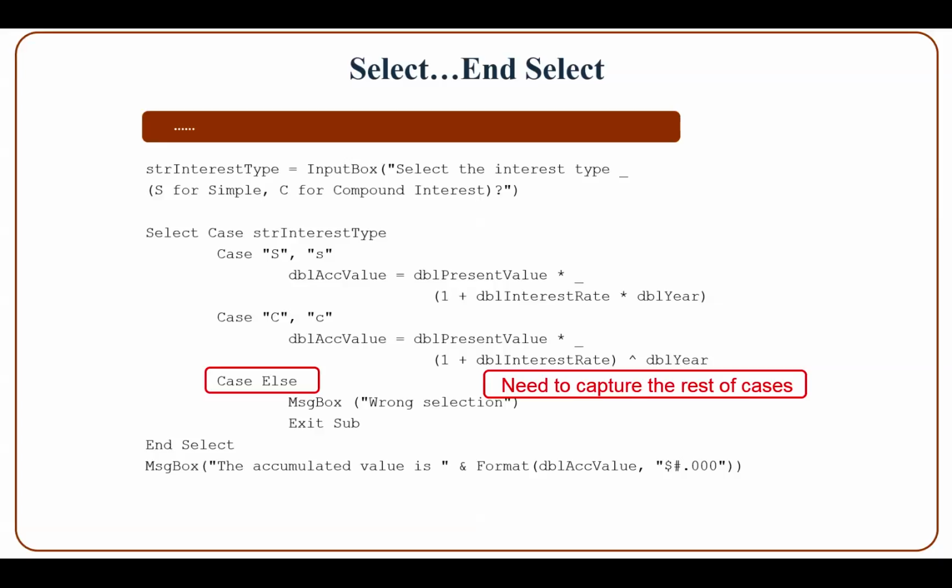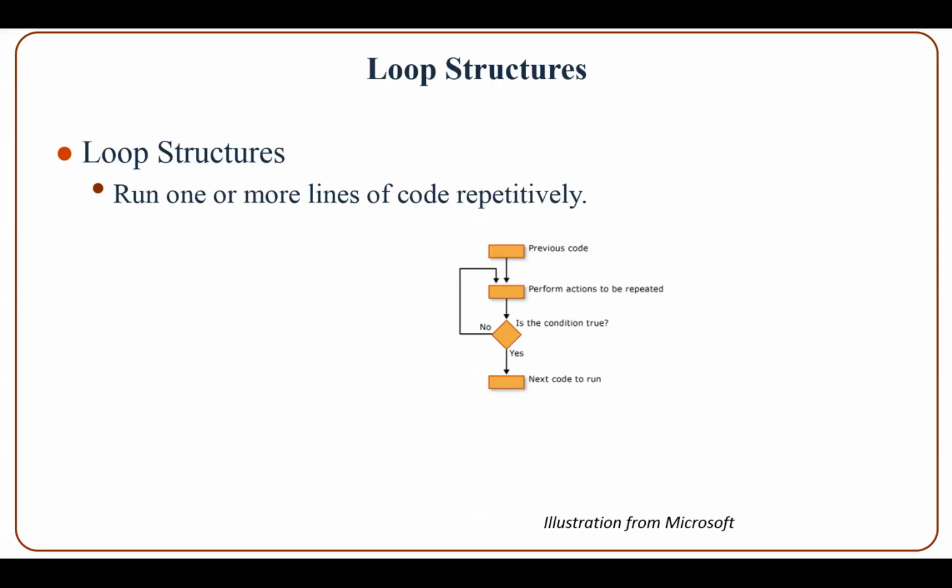Loop structures are the second type. So loop structure lets you run one or more lines of code repetitively. So you perform actions to be repeated, and afterwards you check the condition.